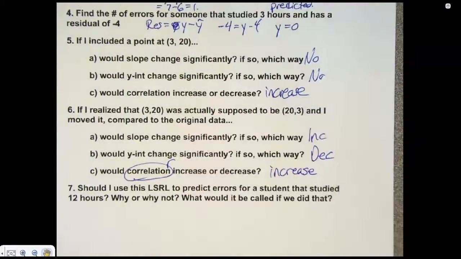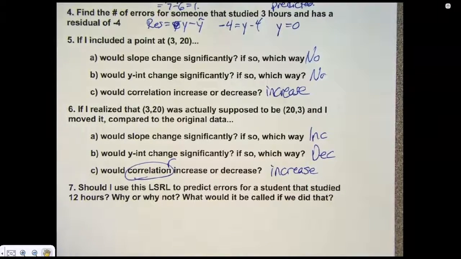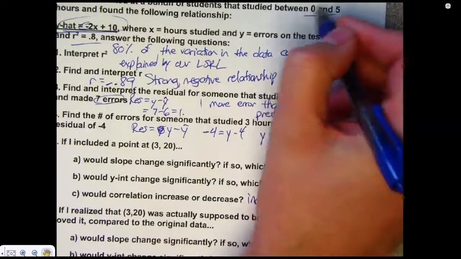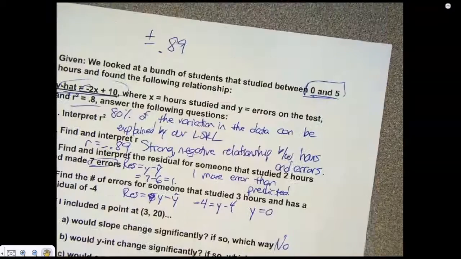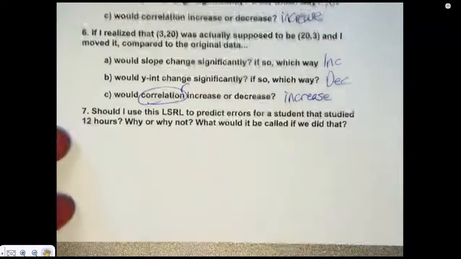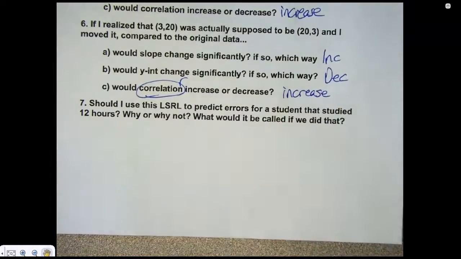Questions on 5 or 6? And then 7, so we looked at people that studied for between 0 and 5 hours. Now I'm saying, could I use this to determine what happened for someone that's like 12 hours? Well, I've got a bunch of data here between 0 and 5, and it kind of makes a pattern like this.